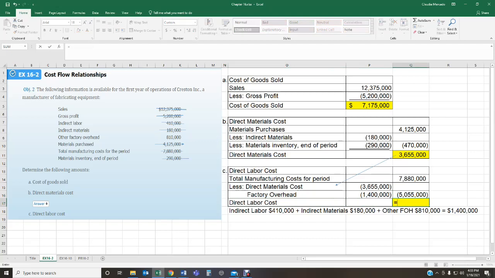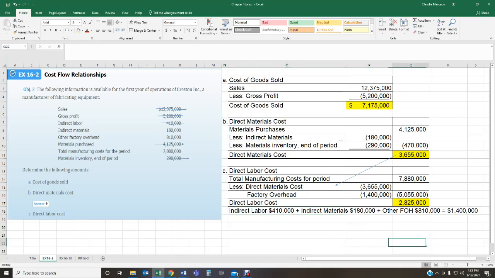Your direct labor cost is going to be your manufacturing cost minus your direct material cost of $3,655,000 minus your factory overhead cost of $1,400,000, and that will give you a direct labor cost of $2,825,000.